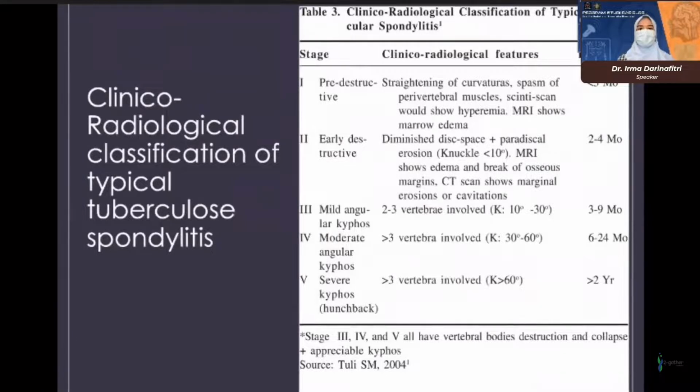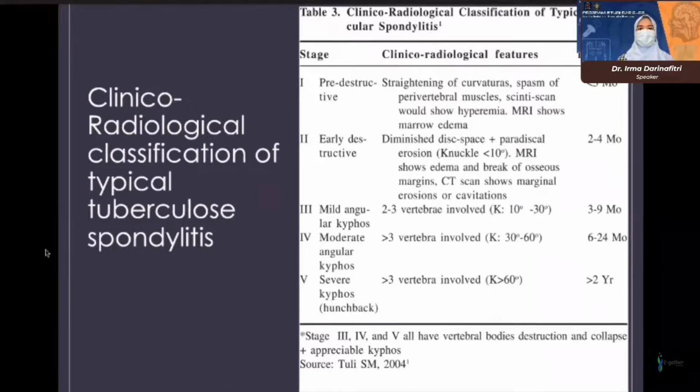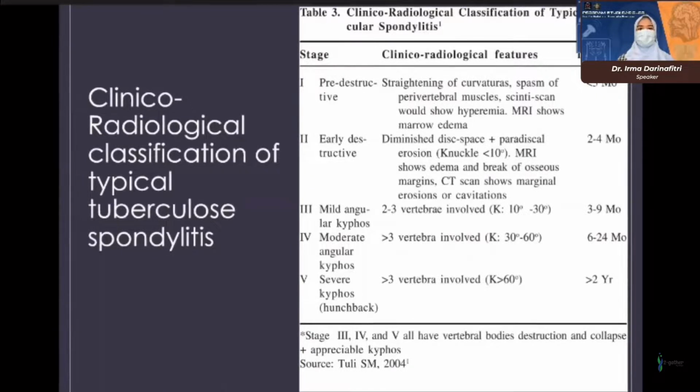This table describes the correlation between severity, clinical and radiological features, and duration of illness. We divide it into 5 stages, 1 to 5. Stage 1 is pre-destructive. We only see straightening of curvatures and spasm of perivertebral muscle.